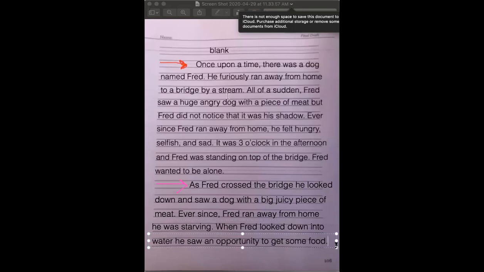Okay, boys and girls, right now I want you, do you see how this paragraph is being written?